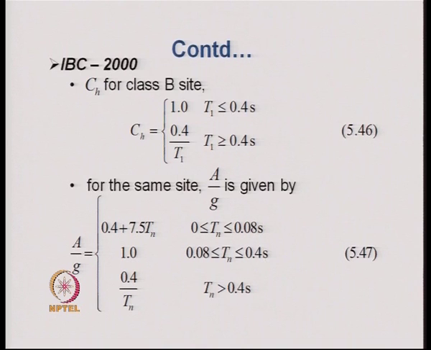Then SA by G is equal to 1, and SA by G is equal to 0.4 by Tn for Tn greater than 0.4 second, which is again inversely proportional to the time period.